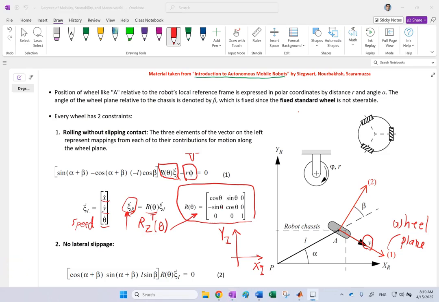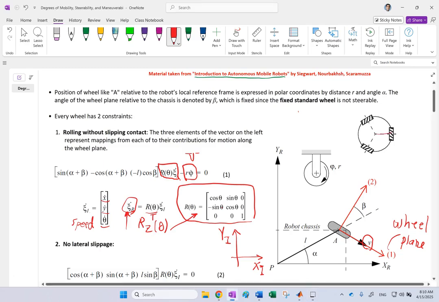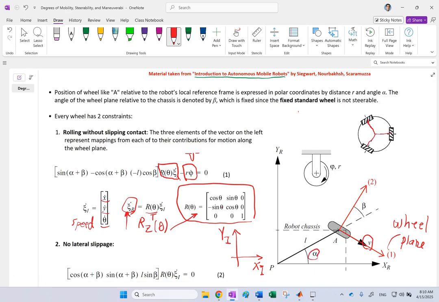Okay, by the way, the theta here that we talk about is not any of these angles, alpha or beta. Alpha, as I said, is defined in the R frame. So that is each one of these vectors with respect to the R frame. So angle alpha is constant in the R frame, the same with L. These two are fixed values because they are defined in the body attached frame.